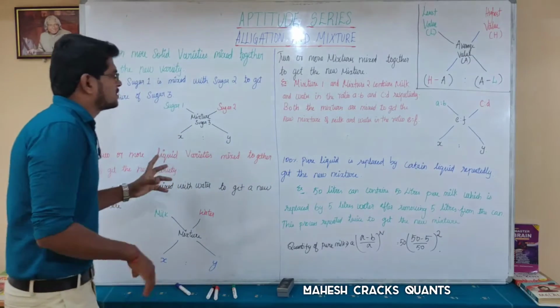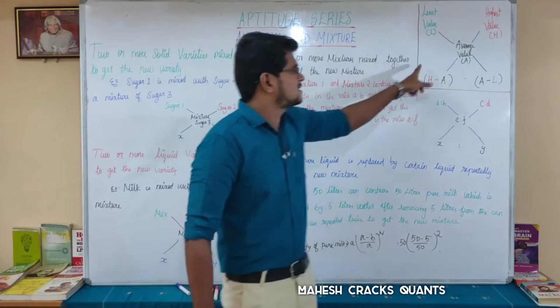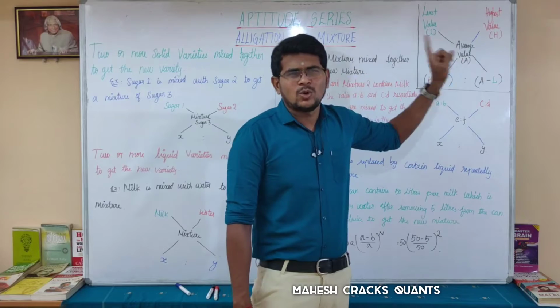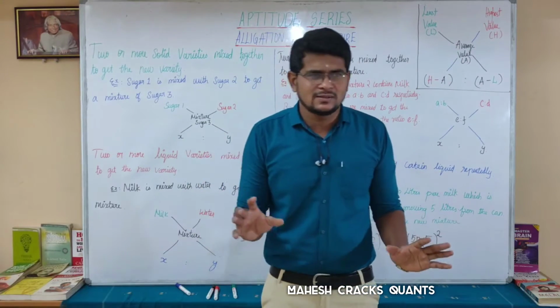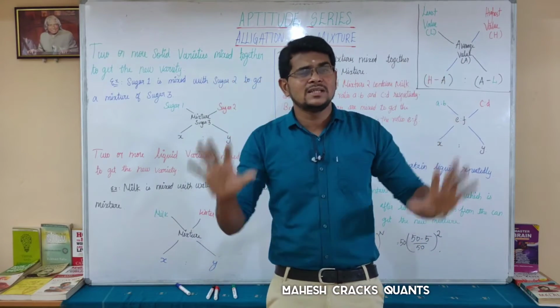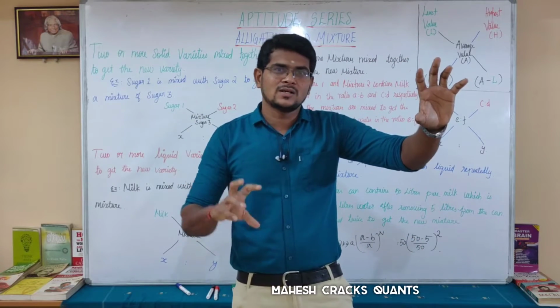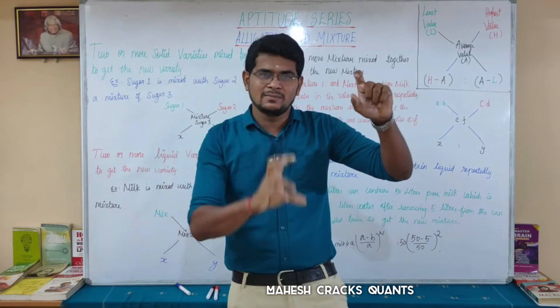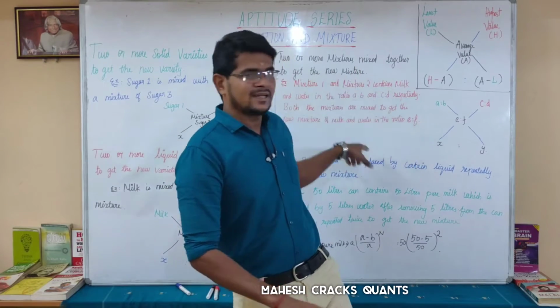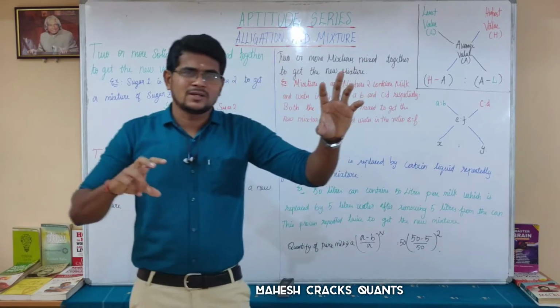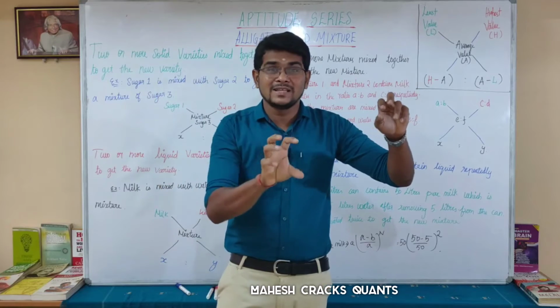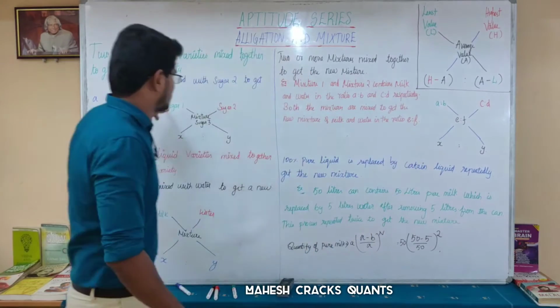These three kinds of questions will be solved using this formula. This formula is nothing but you will have three values: mixture 1's cost, mixture 2's cost, and mixture 3's cost in case of this. Sugar 1 cost, sugar 2 cost, and mixture cost in case of this.